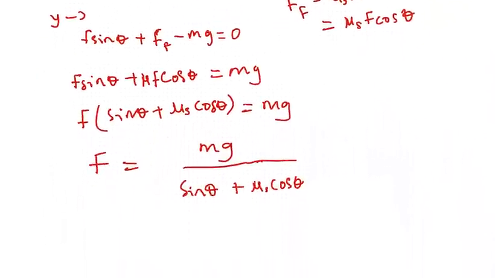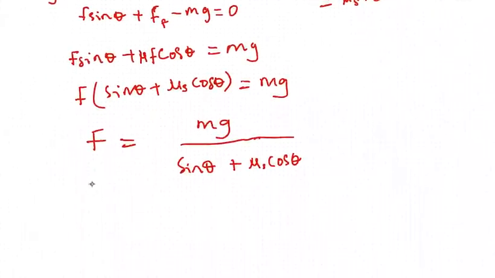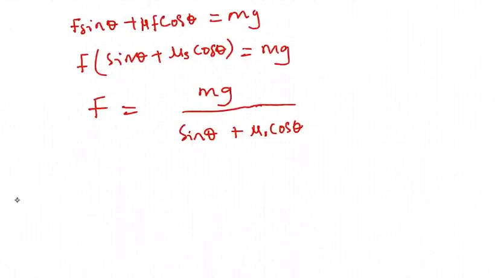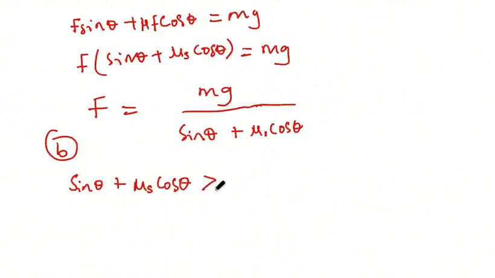For the force to exist, the denominator, sine theta plus mu s cos theta, must be greater than 0. That's the only condition for this force to exist. It must be greater than 0, not equal to 0.